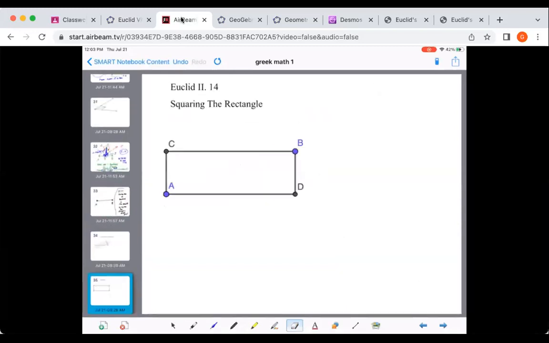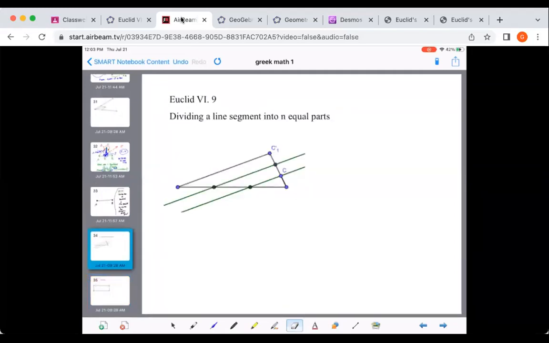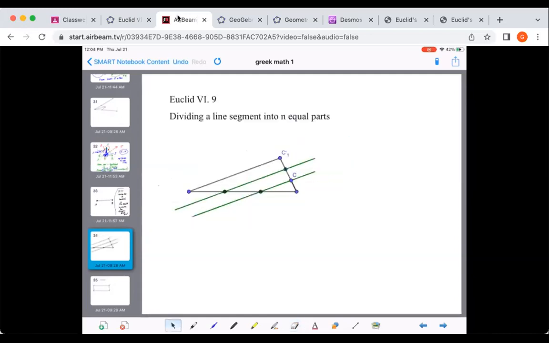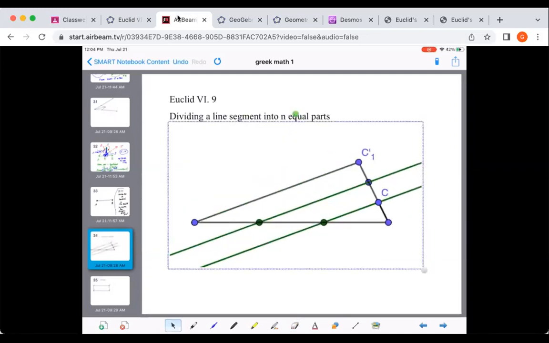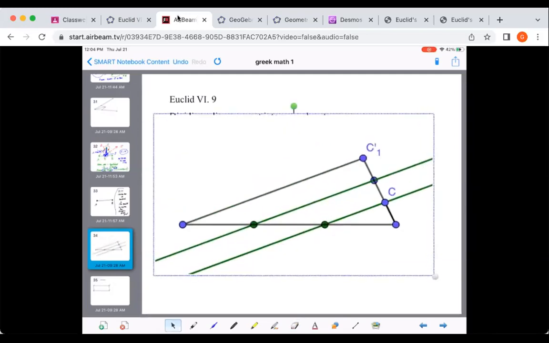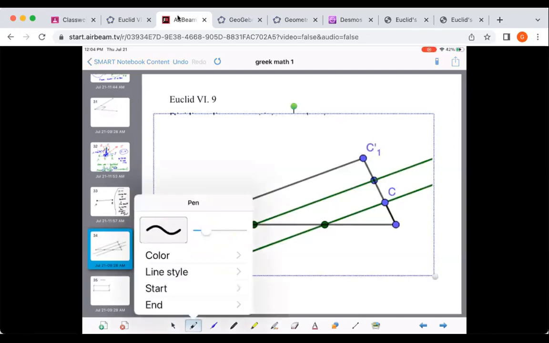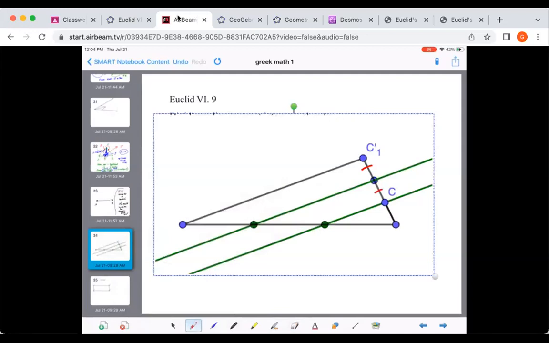The question is, why does this work? That'll be our last question for today. Someone could unmute and say it, or chat or something. Why does this construction work? We know that this piece equals this piece equals this piece, and that this is parallel to this is parallel to that.